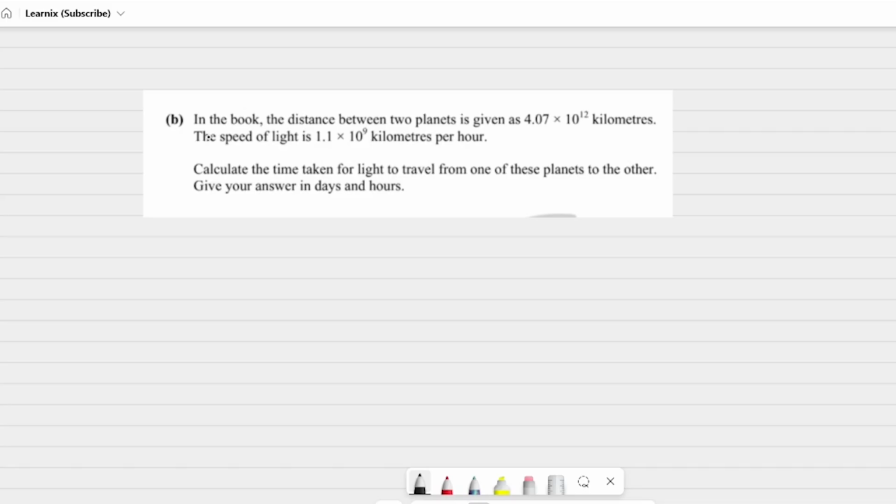So in a book, the distance between two planets, let's say this is planet A and this is planet B, is given as 4.07 multiplied by 10 to the power of 12 kilometers. The speed of light is 1.1 multiplied by 10 to the power of 9 kilometers per hour. Calculate the time taken for light to travel from one of these planets to the other.